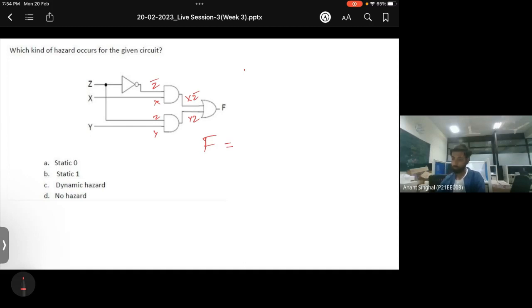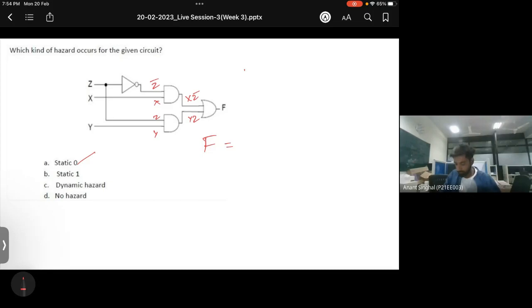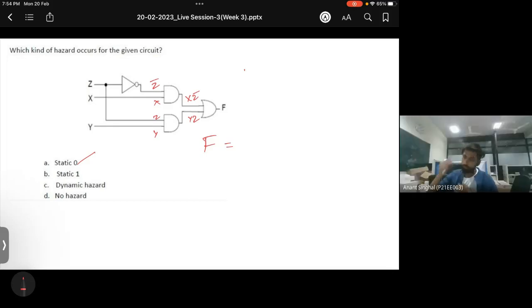Okay, someone is saying static 0. Okay, we'll check. Anyone else? Static 1 hazard, z plus z bar, when x is equal to 1 and y is equal to 1. Okay, static 1. Yeah, I'll check then.